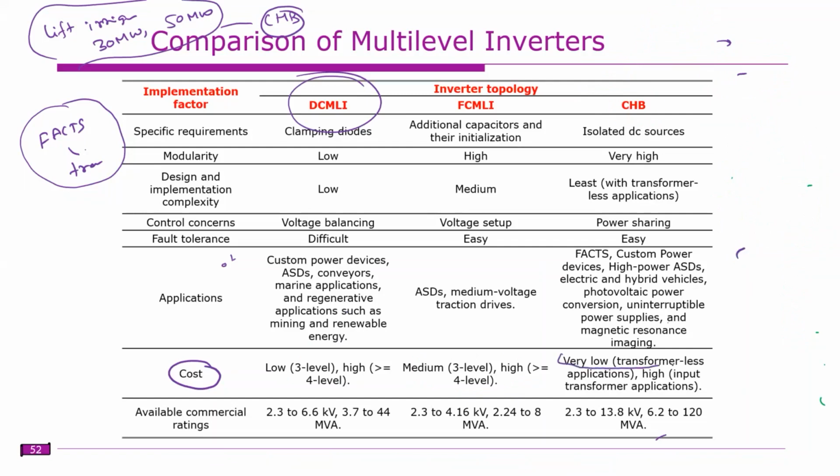So this is for transformerless applications. Okay. Wherever you require a high input transformer, the cost will be high. So for the CHB, in case of motor drives, the conclusion is its cost is very high.